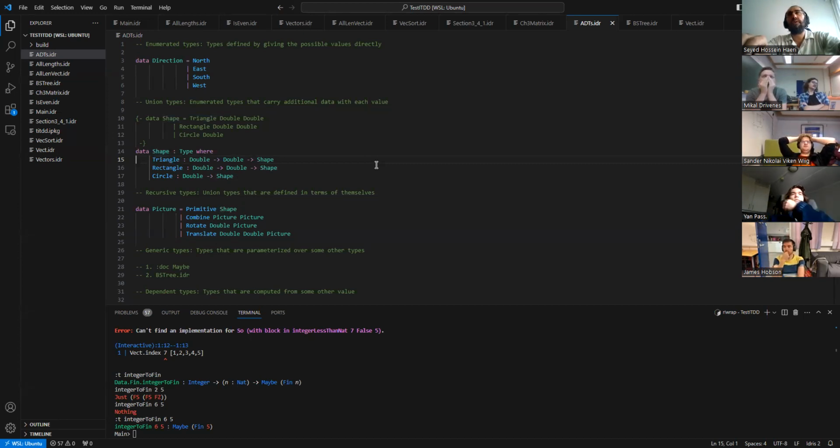Now, how many of you are familiar with generalized ADTs or GADTs? Right. Okay. So this notation was in Idris from day one, and that gives us the GADTs as well, because technically there is no restriction on the return type of these to be Shape, right?